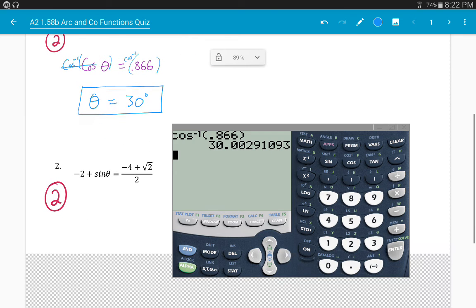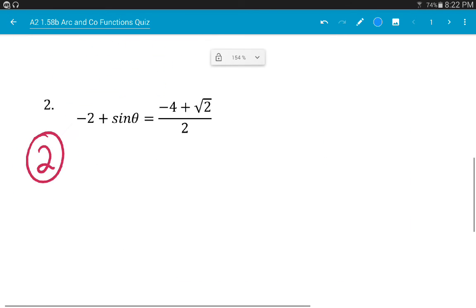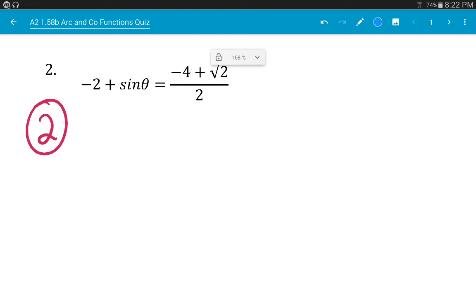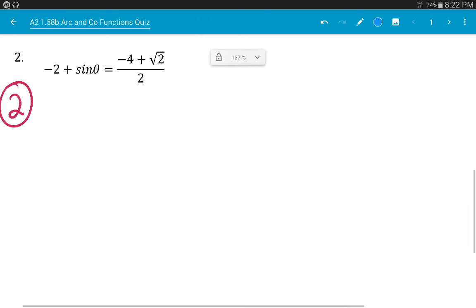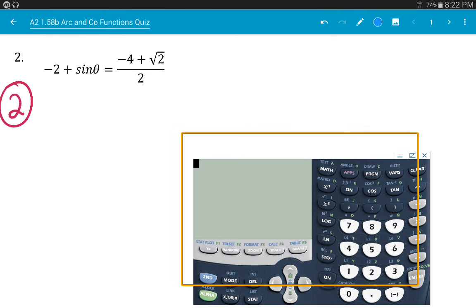Next one, same concept. I want to get theta all by itself, right? So there's two things I have to do. I need to get rid of this -2, then I need to get rid of sine. So I don't like this fraction over here, so let me change it into a decimal, and I'll keep a few extra decimal points on it, just so I can be sure that I don't make any rounding mistakes. So let me bring this up on the calculator.